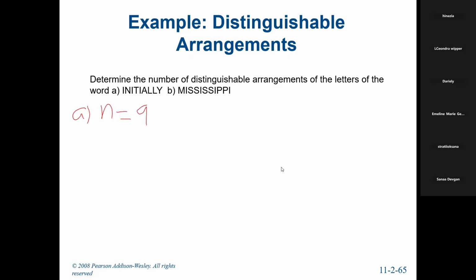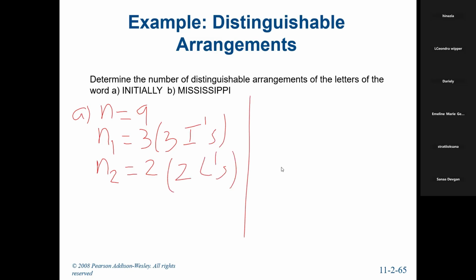Now look at the word. You can observe letter I. How many I's do you see there? 3. So N1 is 3. How about L? 2. N1 is 3 because we got 3 I's. N2 is 2 because we got 2 L's.